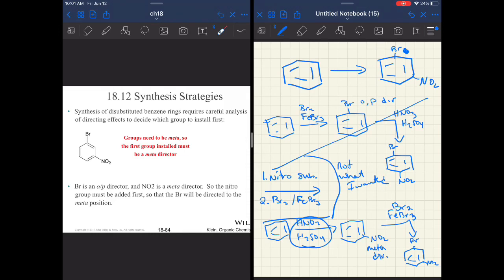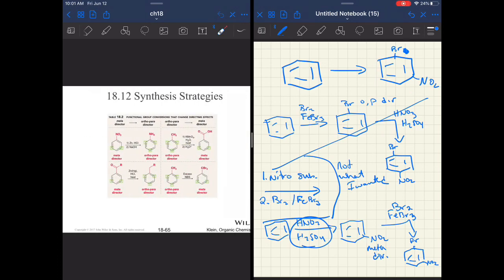So synthesis problems are going to be part of our lives here, and they can be daunting, but they can also be a good opportunity to show me what you do know, right? So even if you get stuck, if you know that this is how I add a bromine and you know it needs to go on last, you can still get a lot of the points.